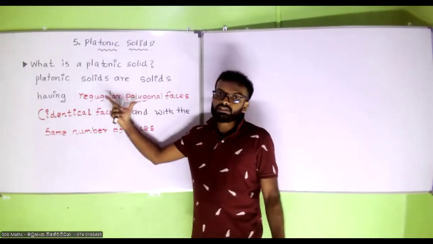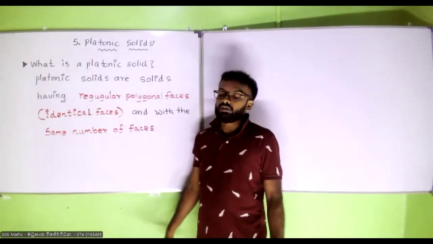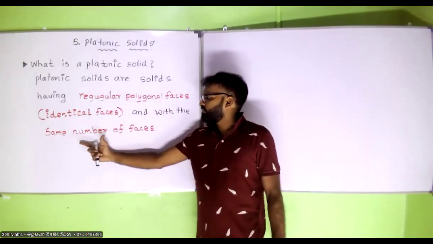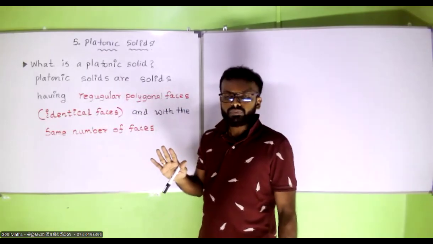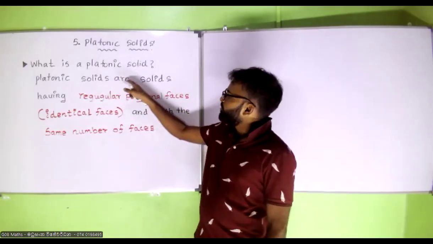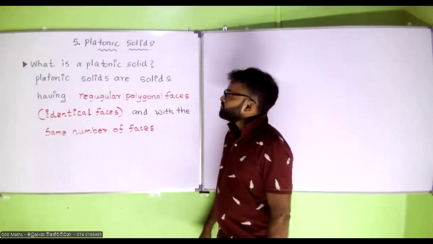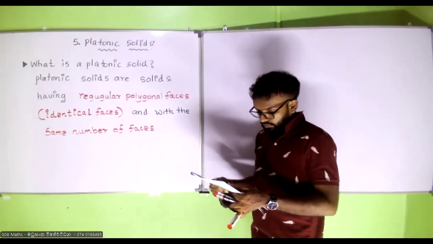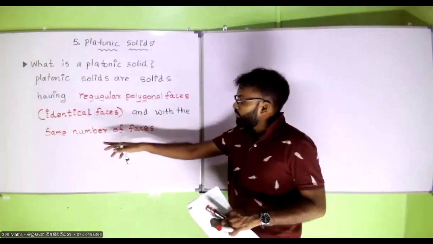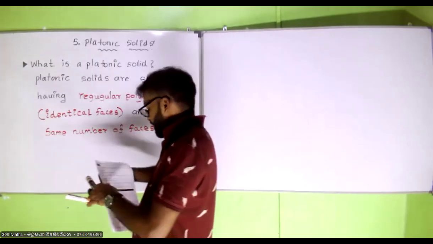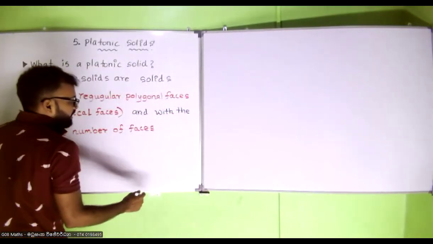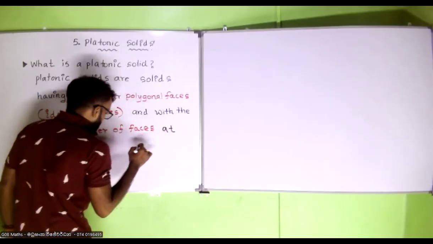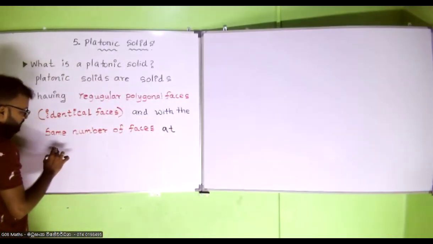These are the two things that are very important. There should be identical faces and the same number of faces meeting at every vertex.